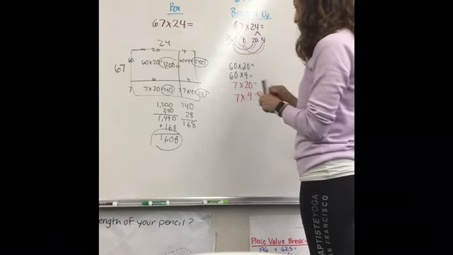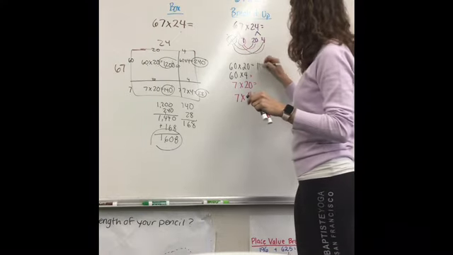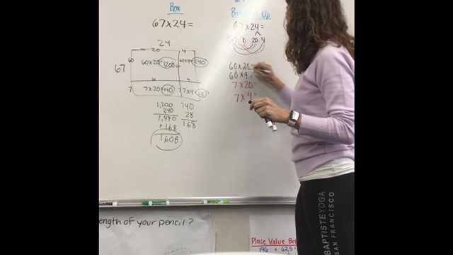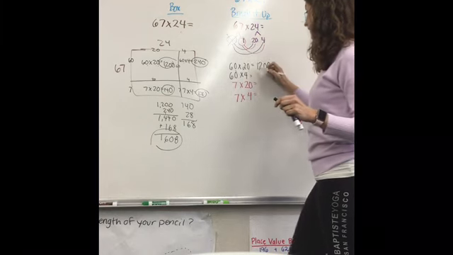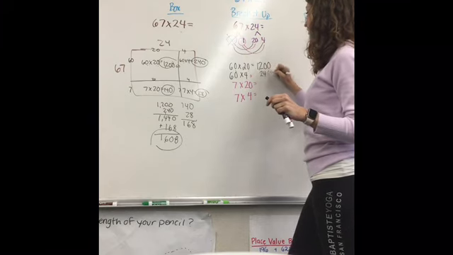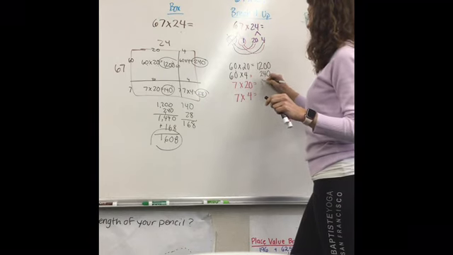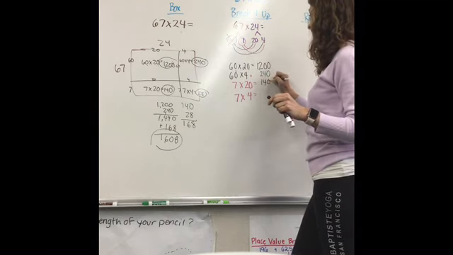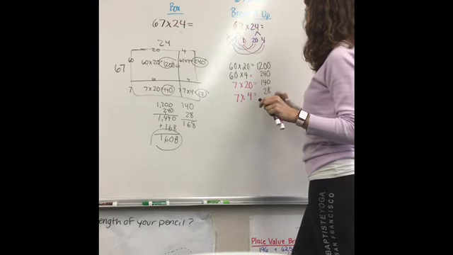And now when I solve, 60 times 20, 6 times 2 is 12. Add the 2 zeros. 60 times 4, well, 6 times 4, like we said before, is 24. Add the 0. 7 times 20, 7 times 2, that's 14. Add another 0. 7 times 4, 28.